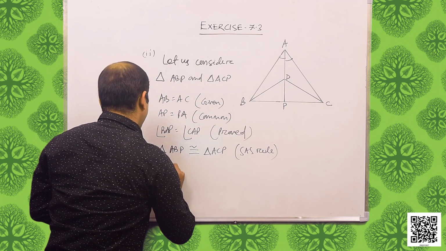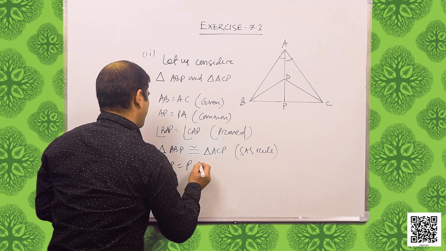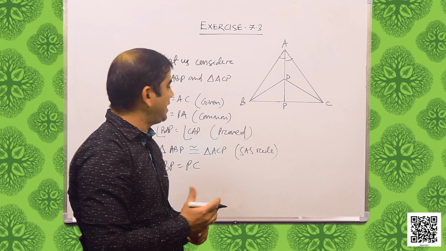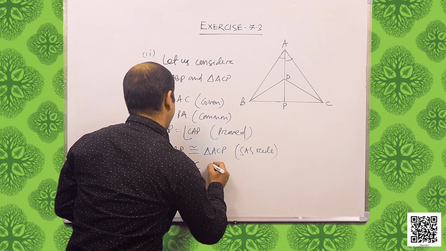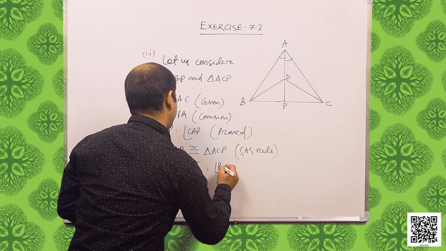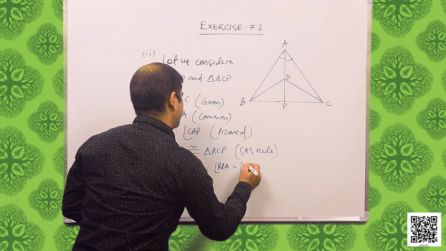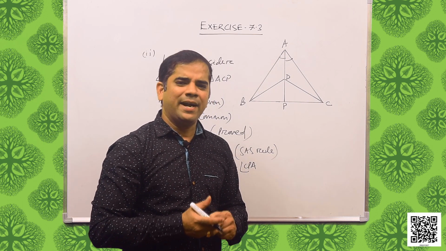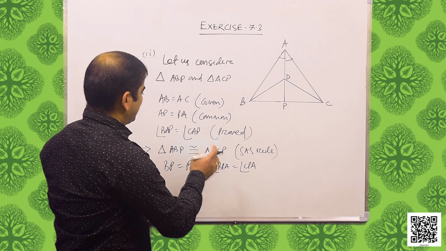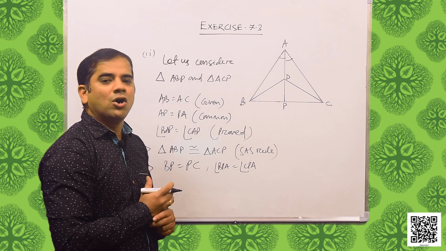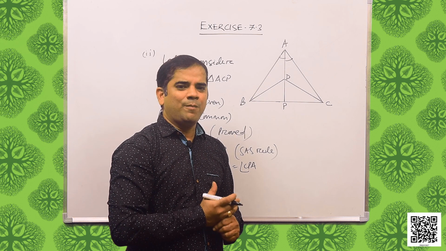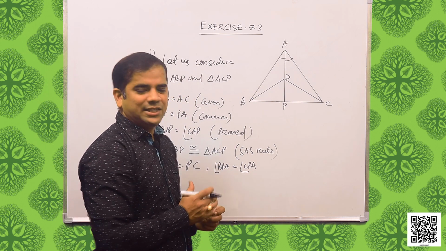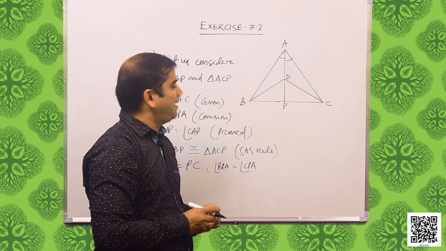So, you can write BP is equal to PC as well as angle BPA is equal to angle CPA. Why? This is the result of the congruency.